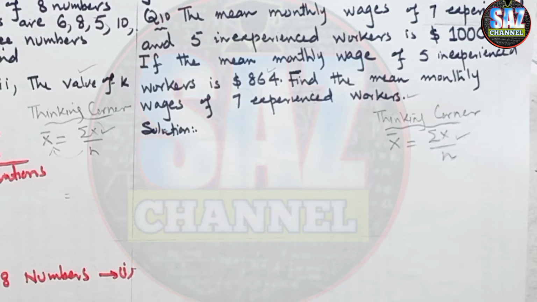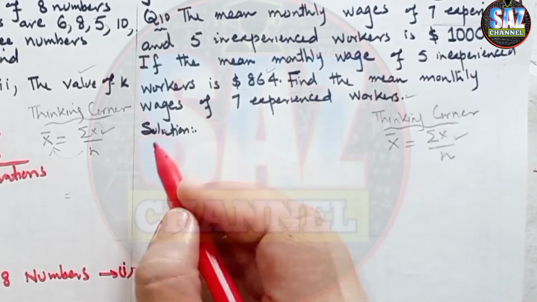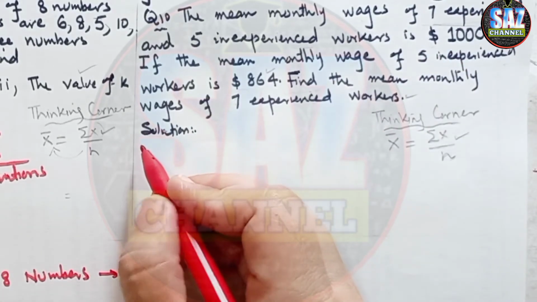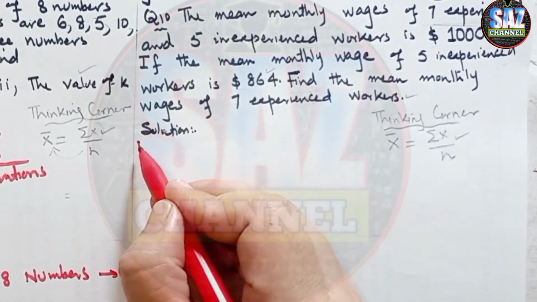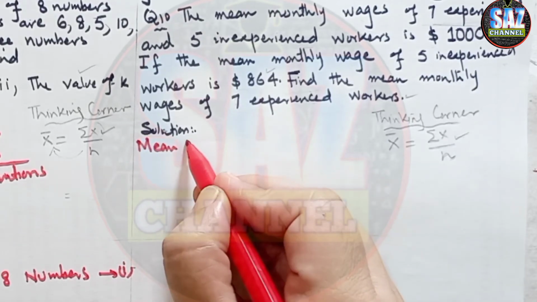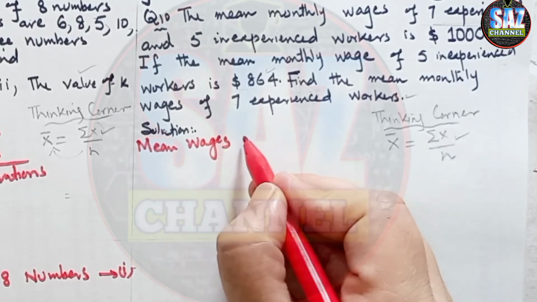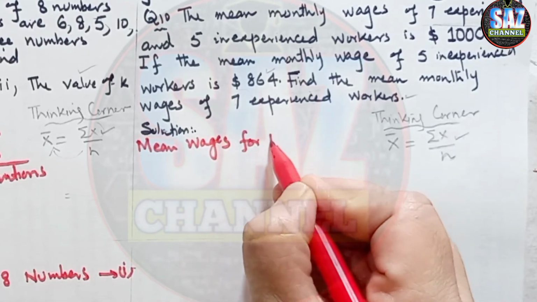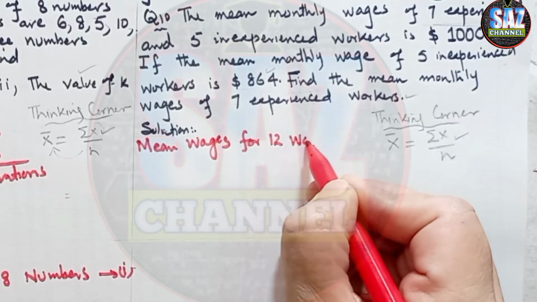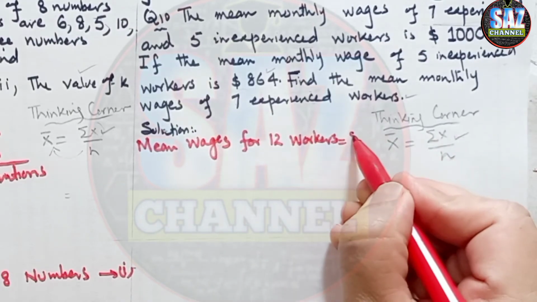So the mean monthly wages of 7 experienced and 5 inexperienced workers is 1000. So what we can write is that mean wages for 12 workers is $1,000.